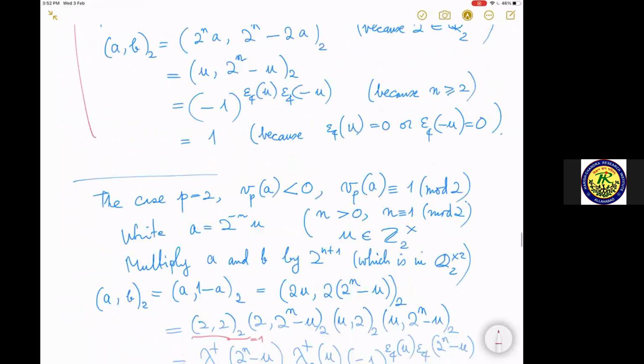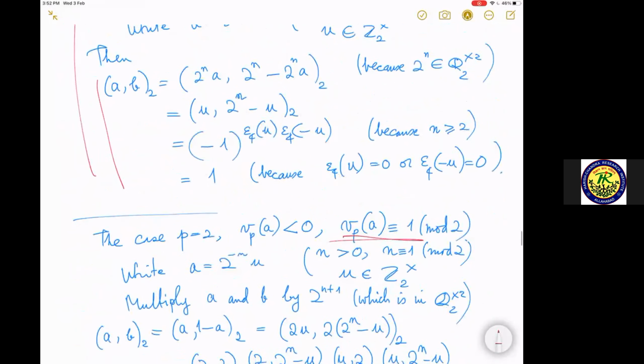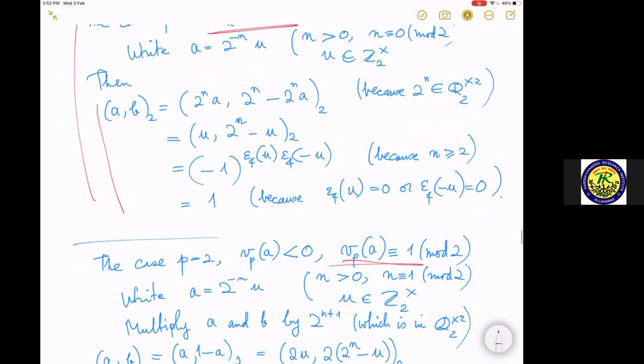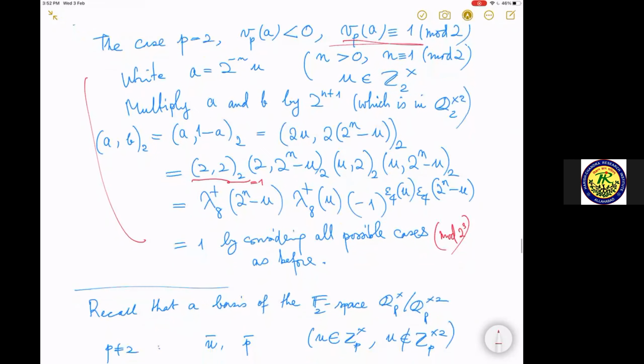In both these cases, this case is rather short, but this one is somewhat longer. Well, it's just a computation, right? Okay.